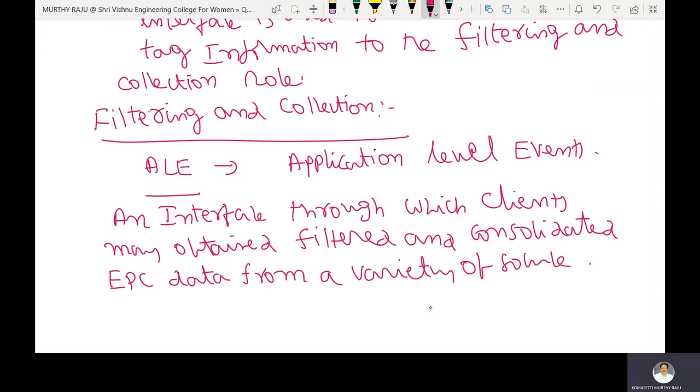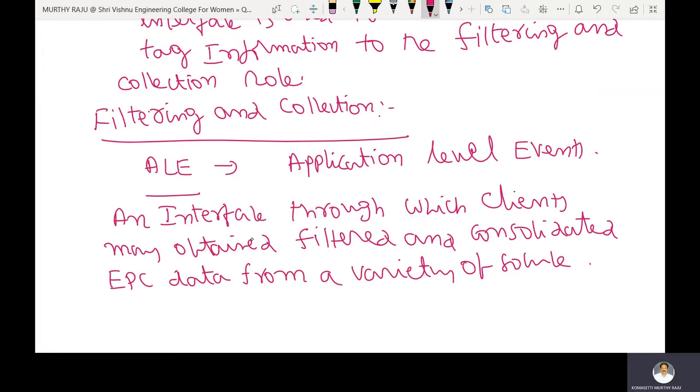The RFID radar reads the information from the RFID tags and also from the barcodes. Some of the information is manually entered. The RFID radar interface sends such information to the filter and collection module.